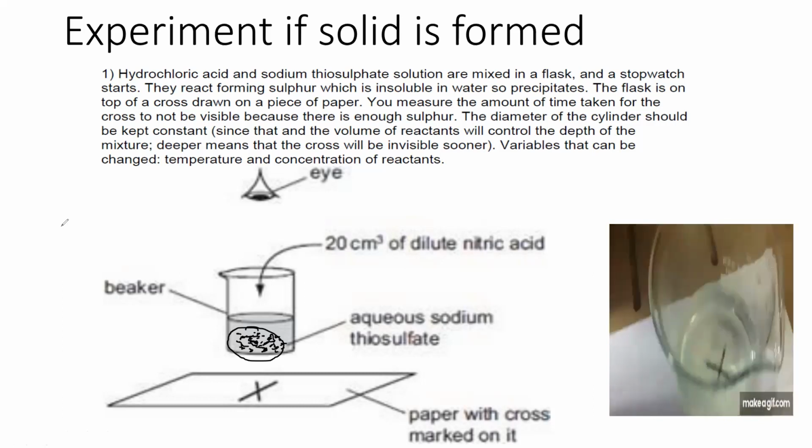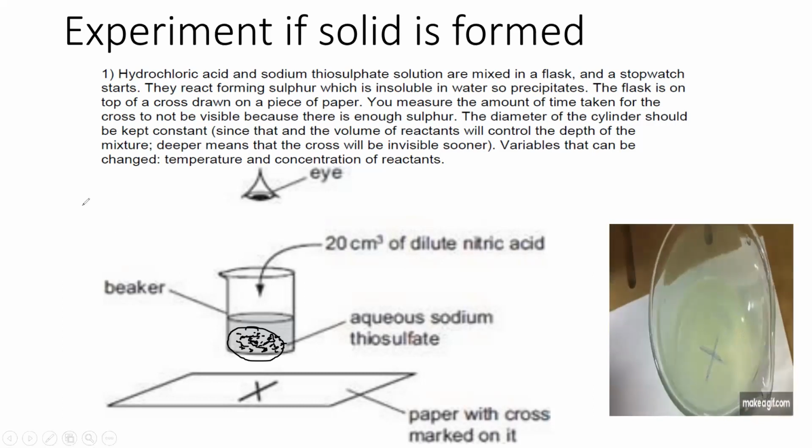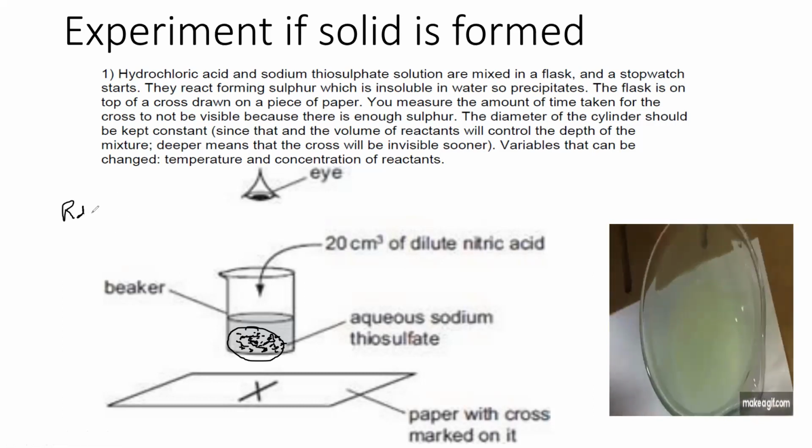And how can we identify the rate? We can compare the time to work out the rate. If the cross takes the shortest time to disappear, it means the rate is faster. Like if we did two experiments, in experiment A the cross disappears in 10 seconds, whereas in experiment B the cross took 30 seconds to disappear. Which reaction is faster, A or B?